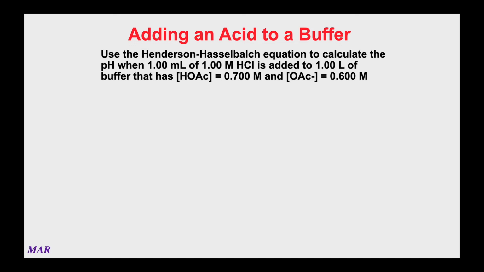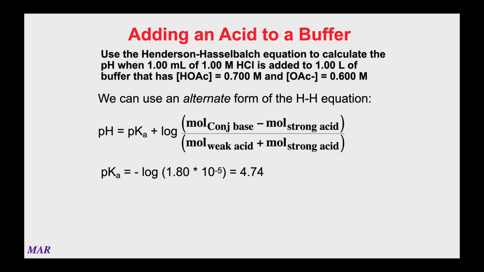Buffers are cool. I recommend when you add strong acids or strong bases to buffers that you use another version of the Henderson-Hasselbalch equation. So I want to show you an alternative way to get around double ICE problems like we just went through. In the handout for Henderson-Hasselbalch and buffers, there's an expression which looks like this, where it says pH equals pKa plus log. Now remember that the base over acid in the HH equation can be moles or moles per liter.